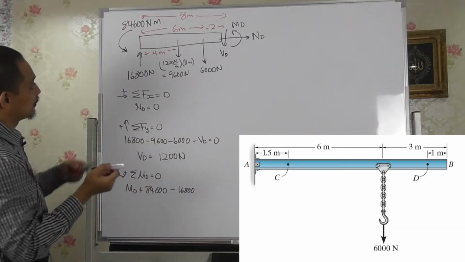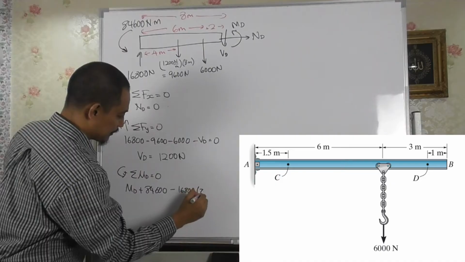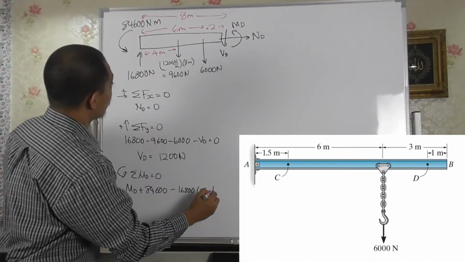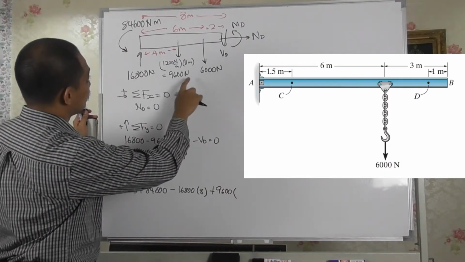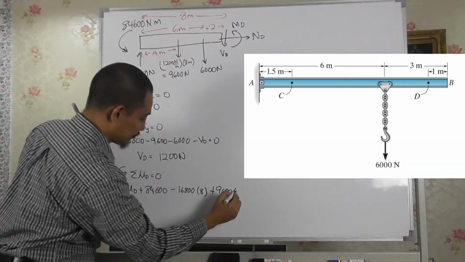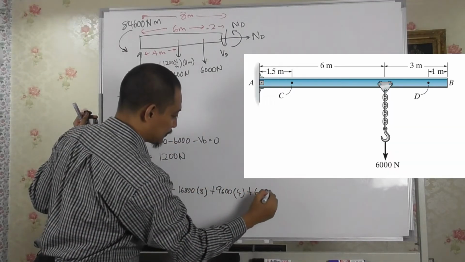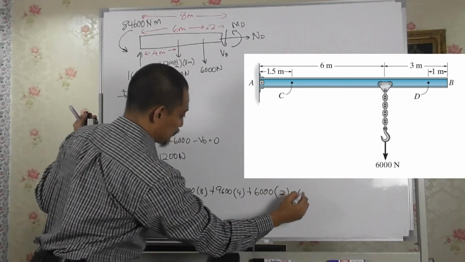Okay, so 16800 is the whole 8 meter, so times 8, and then we have plus 9600 times distance of 4, and then plus 6000, the distance of 2 equal to 0.